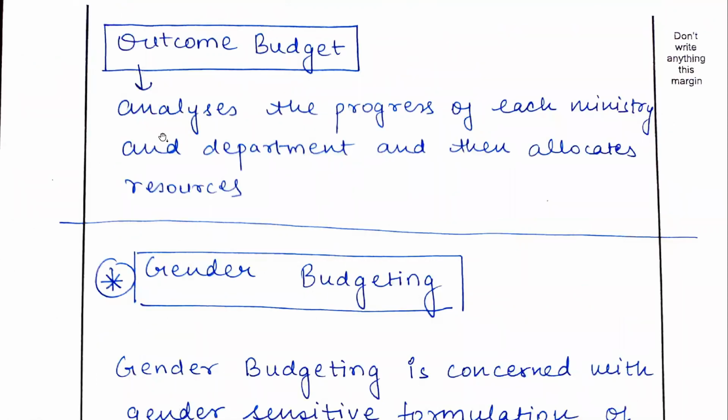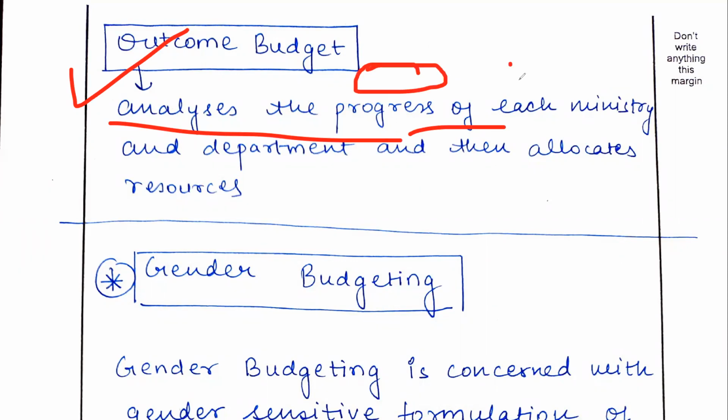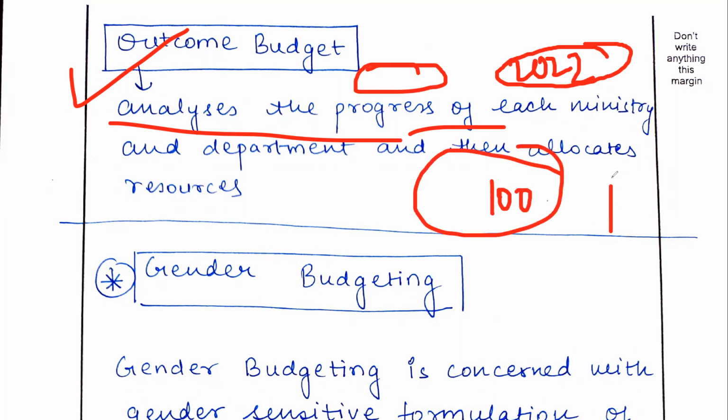Outcome budget, it analyzes the progress of each ministry and department and then allocates resources. So this can be a question ki outcome budgeting, how is it important? So basically every department, the progress from last year, suppose 2022, will be seen that if I have allocated 100 crores to MEA, how it has performed for that 100 crore.